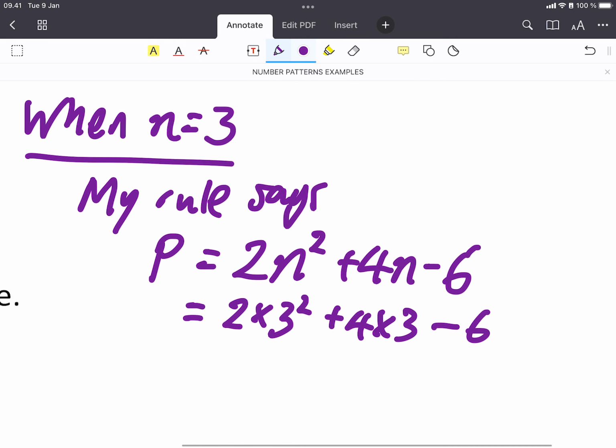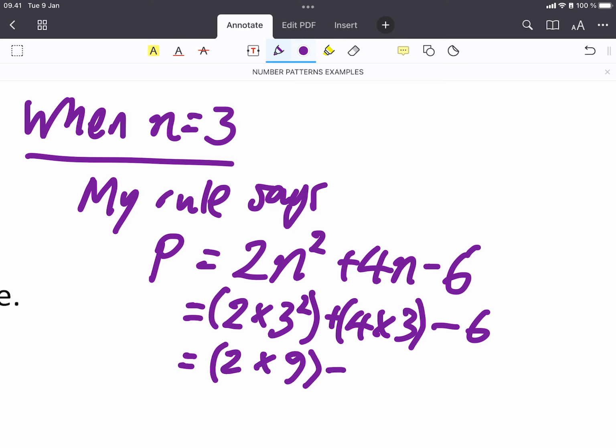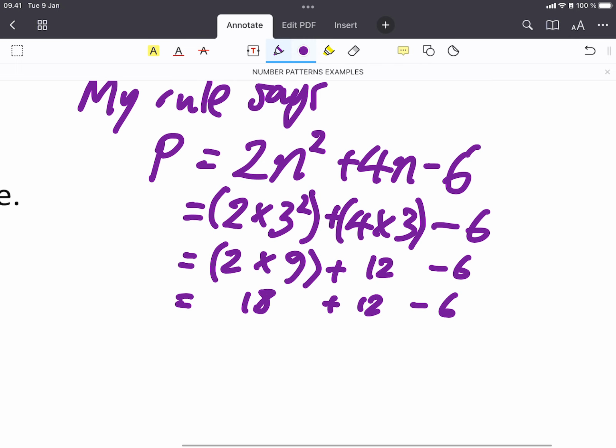So that's 2 times 9 plus 12 minus 6 equals 18 plus 12 minus 6, which is 24.